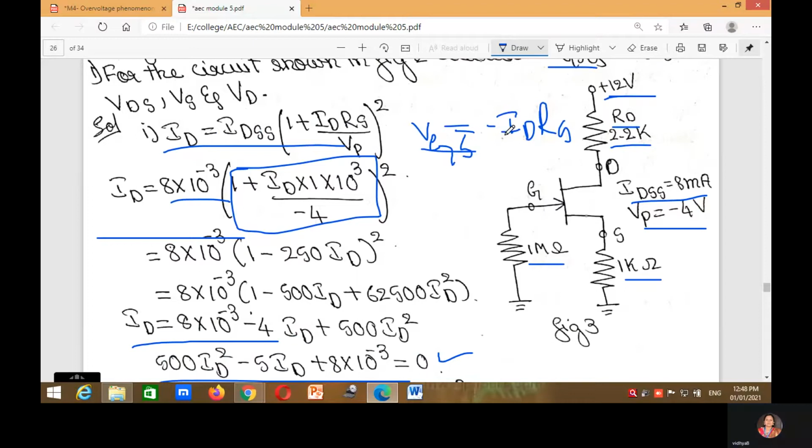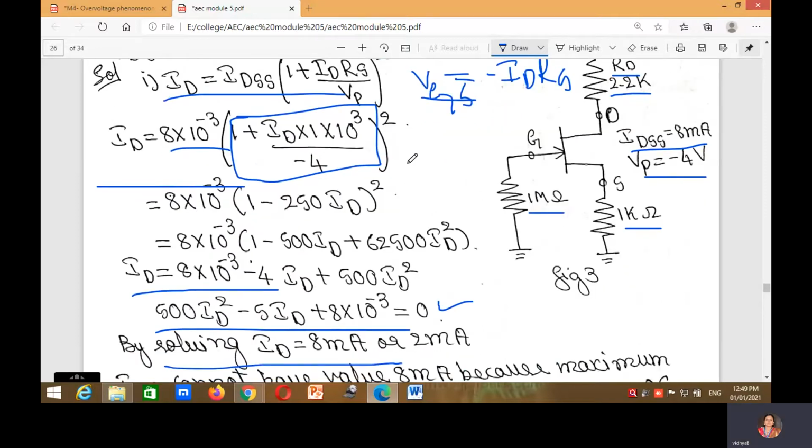VGS is equal to minus ID into RS. You need to solve this step by step, and you'll get the final equation. From that equation, you'll get two roots of ID, that is 8 milliamps and 2 milliamps.